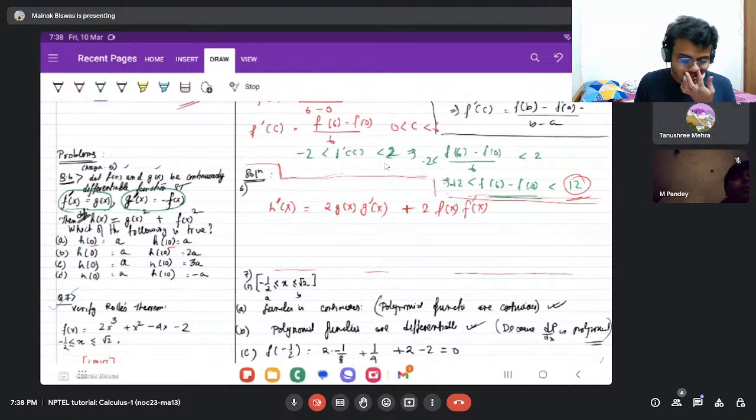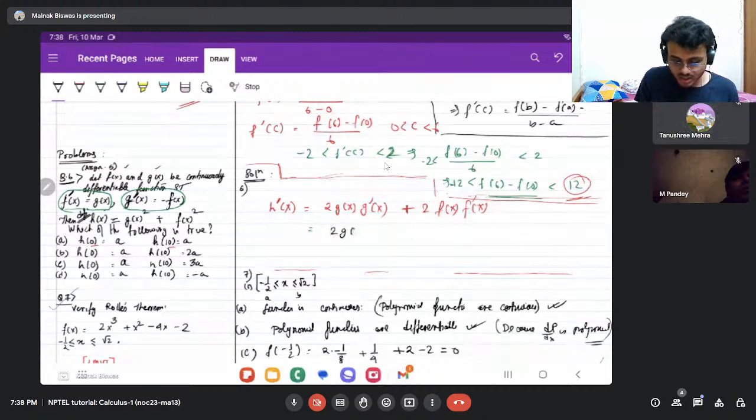In any question, there should be a reason why a particular thing is given. 99.99% of the times, right? Yes, sir. So how will you use the derivatives? If you want to use the derivatives, you need to take the derivative. The derivative is not given for h of x. So I took the derivative. Now I'll just put the value of h prime of x, right?